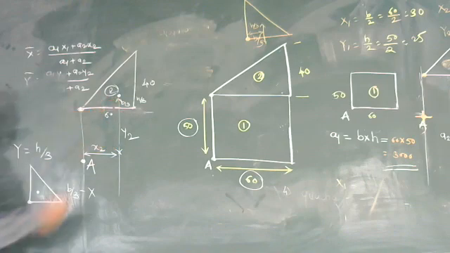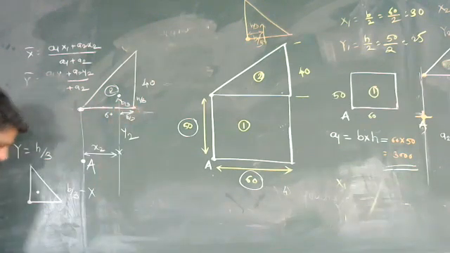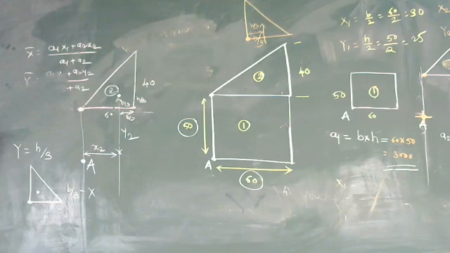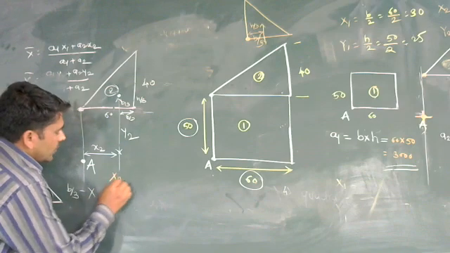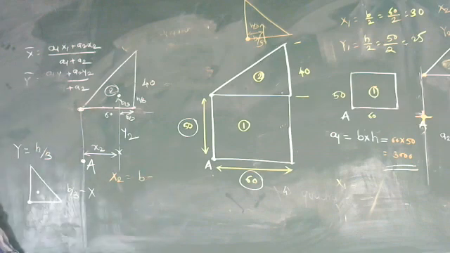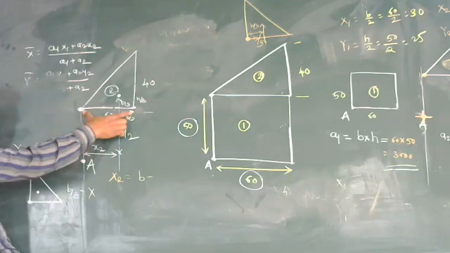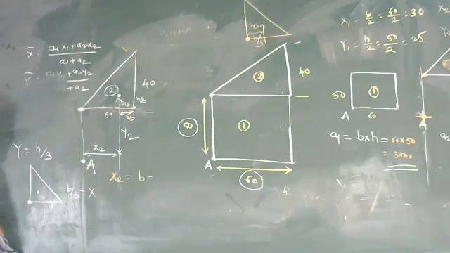Now, the formula says that this is b by 3 and this is h by 3. Now you tell me, how to find out x2? What is the formula to find x2? I can put b is equal to x2 plus b by 3. Total b minus b by 3, after cutting this much you will get x2.